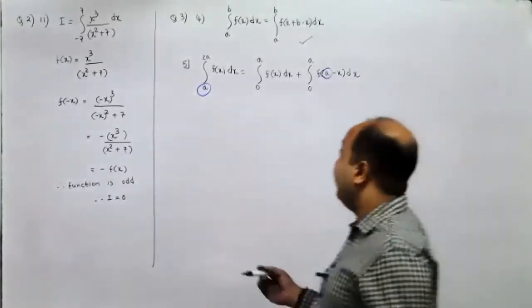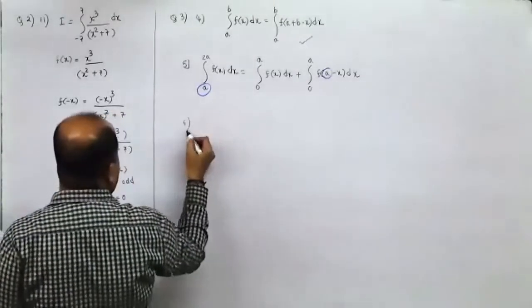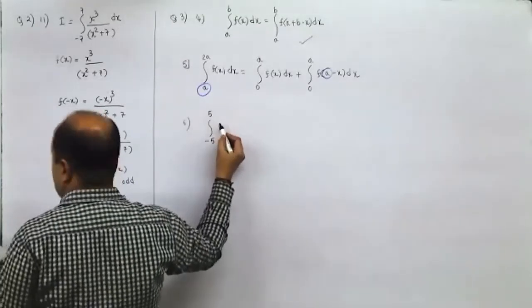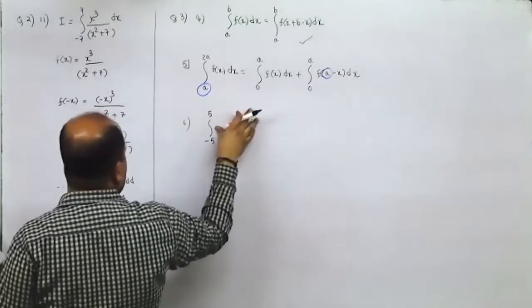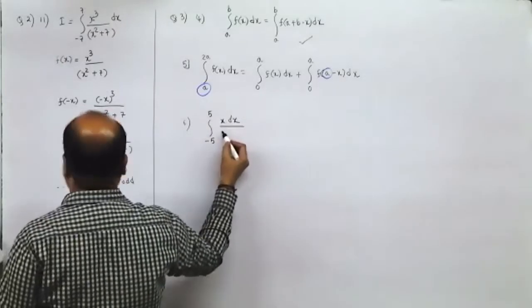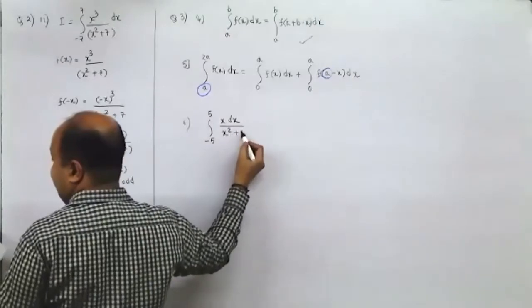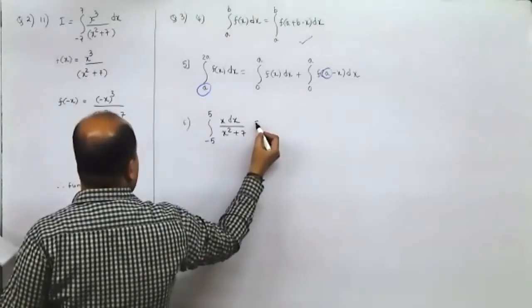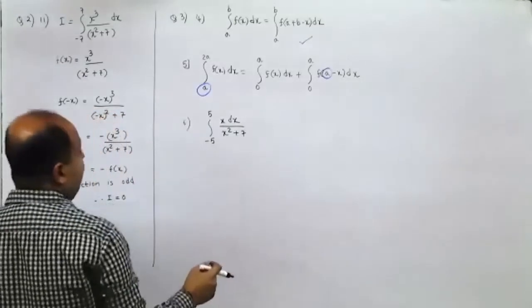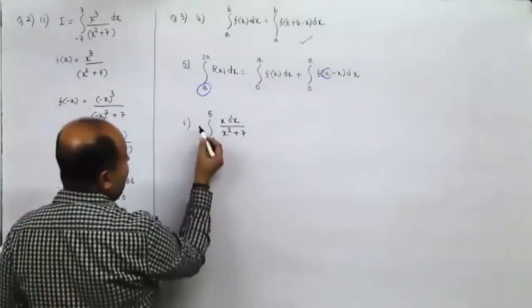Sixth one: integral of x dx upon x square plus 7 is equal to what? Now, if you observe here, again, the lower limit and upper limit are the same.